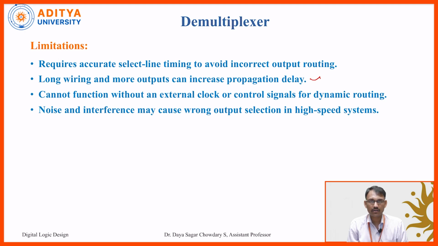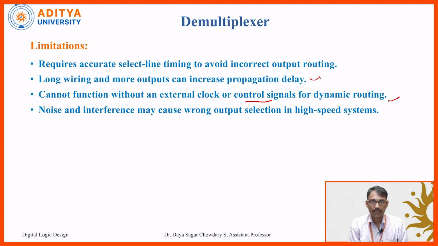Here we are not discussing the clock signal for this demultiplexer, because this is a combinational circuit. For a combinational circuit the clock signal is not required. Most of the time we use an enable signal, but here the control signal is also not there. That is the disadvantage.